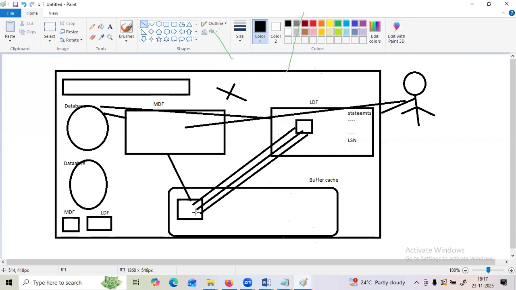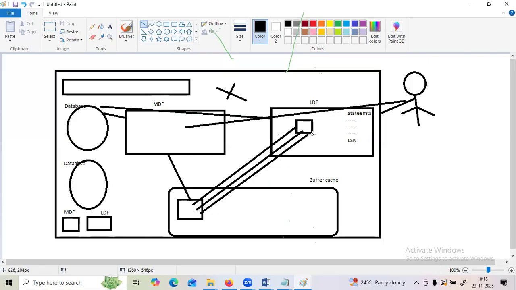Once the commit happens, immediately the commit also happens in the LDF. So before commit, the transaction stays as an active, ongoing transaction and the data is not committed. Once the commit happens in the buffer cache, simultaneously the commit also happens in the transaction log file.